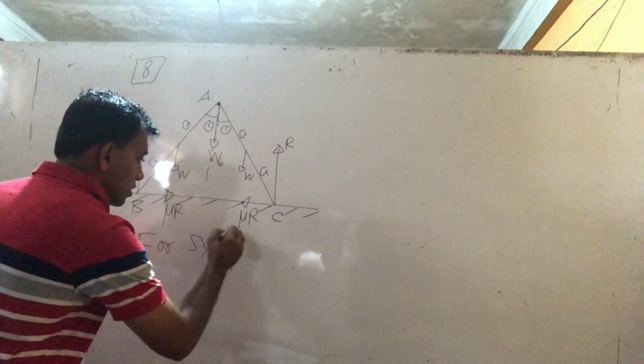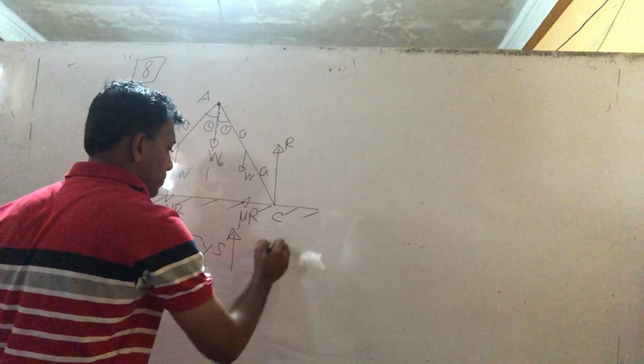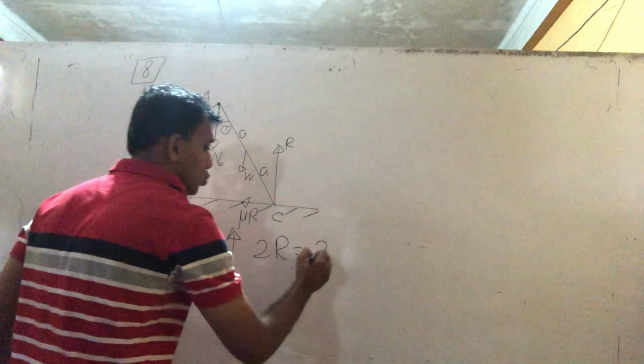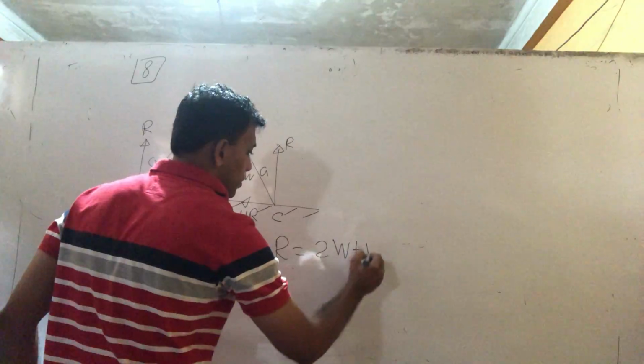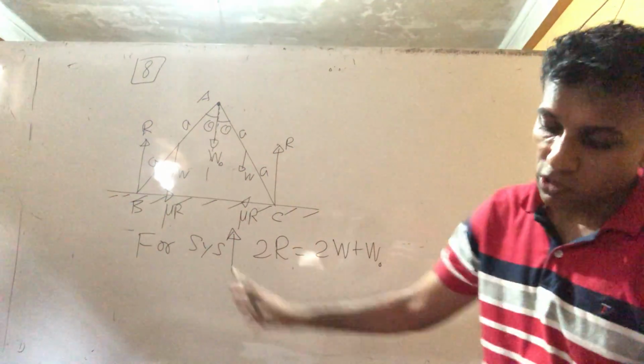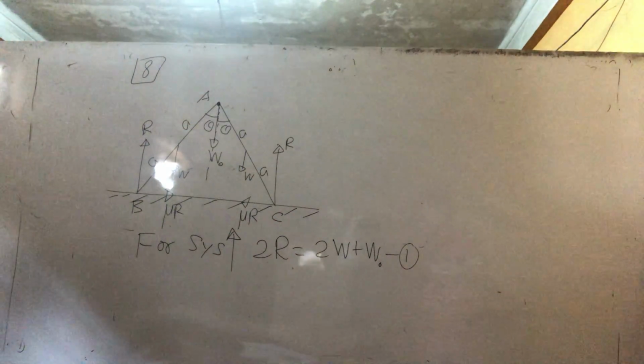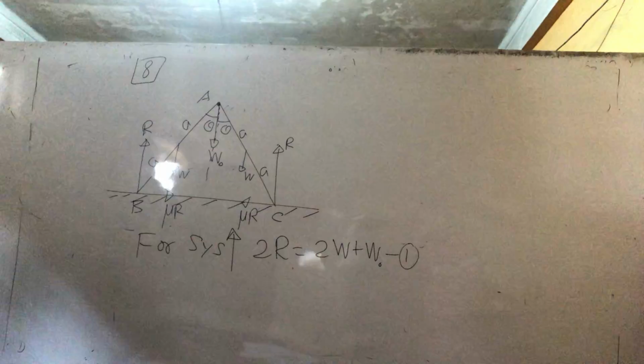Resolve upwards. For the system resolve upwards, 2R equals what? 2W plus W naught. Okay, for the system, opposite and equal forces are internal, right? This is the first equation.